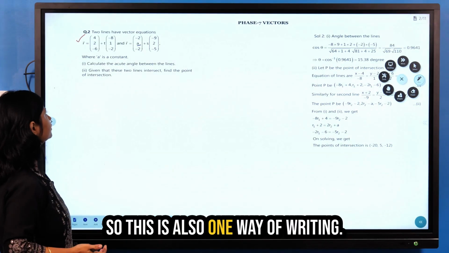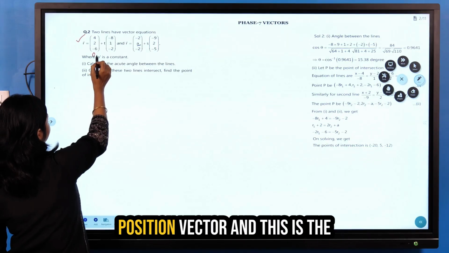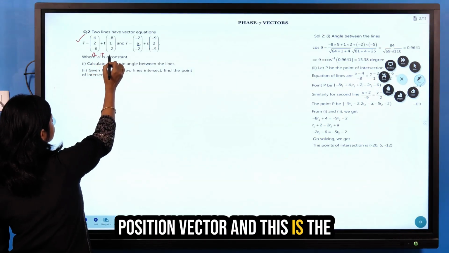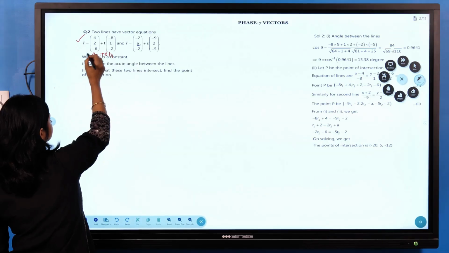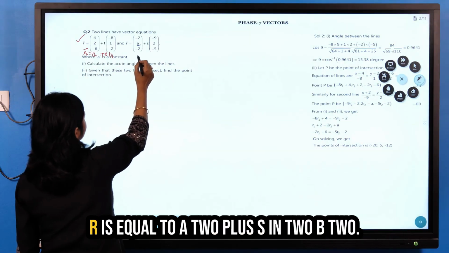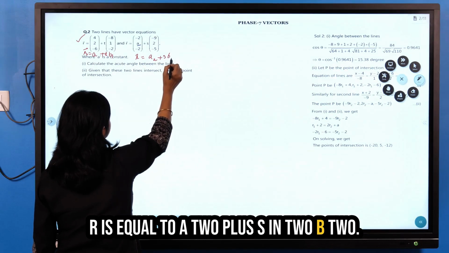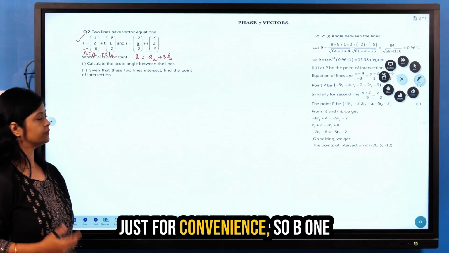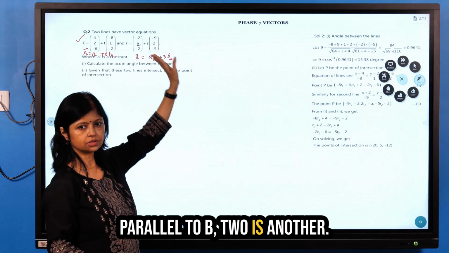So this is also one way of writing. For the first line, this is the position vector and this is the vector that it is parallel to. R is equal to A2 plus S into B2. Just for convenience, B1 is the vector the first line is parallel to, and B2 is the other.